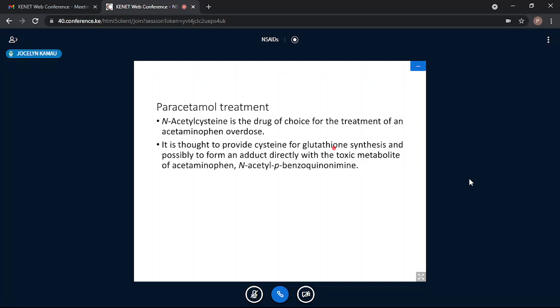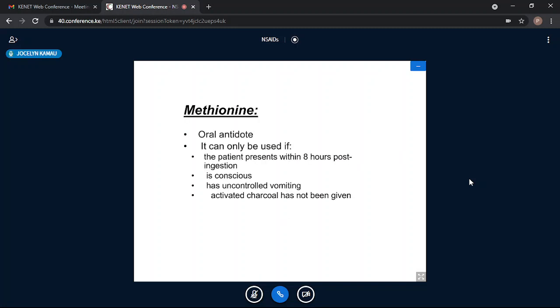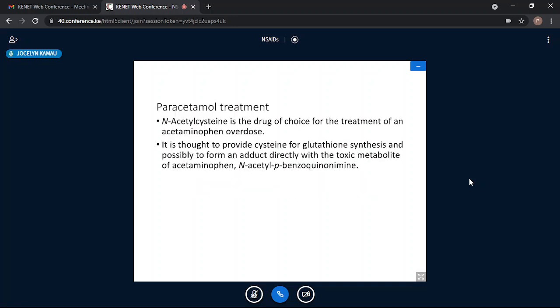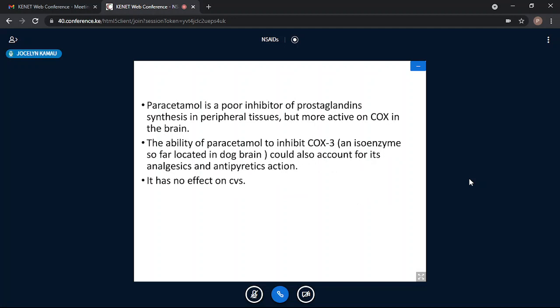Remember, the more glutathione you have in the stores, the better, because the glutathione will bind the N-acetyl benzoquinone imine, and once it binds it, it will be able to reduce it to a non-toxic metabolite, and therefore reduce any possible toxicity. That is paracetamol, a good drug, but also a drug that can be very, very toxic if taken in the wrong dosage.